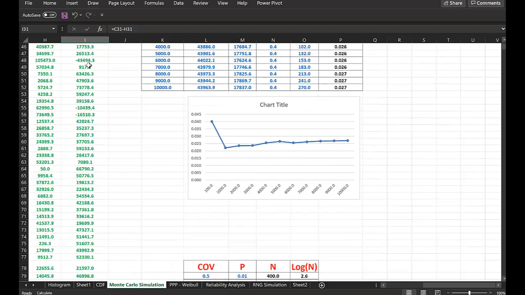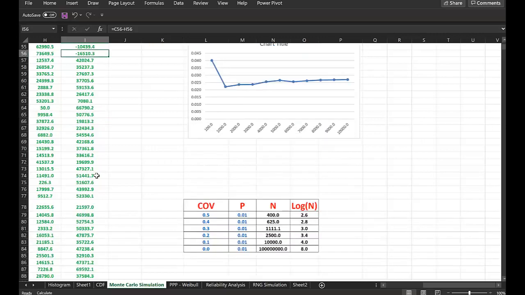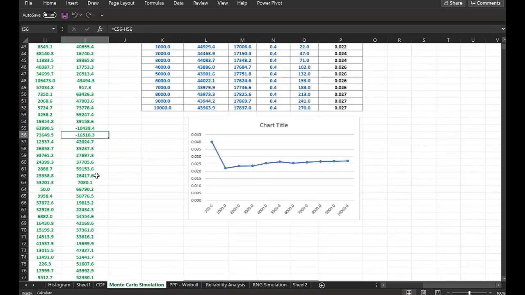For example, I have this number, but these negatives are not less than minus 20,000. So if I am looking for a number in the one-sided tail of the distribution, I have to take a larger sample size. It will not be sufficient to take only 1,000 samples.